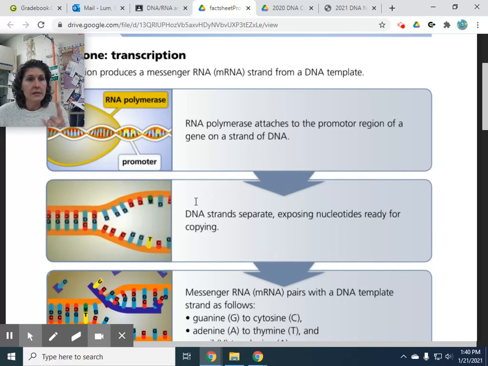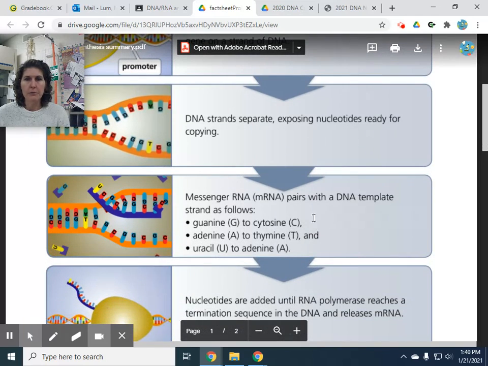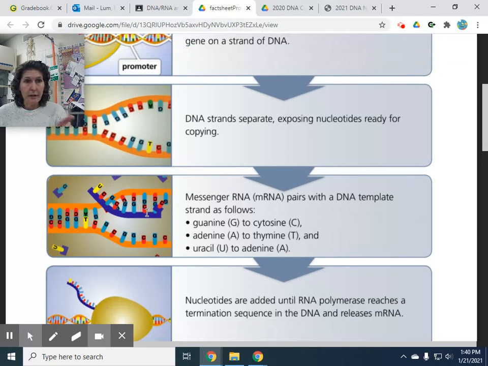It's smaller, it's single-stranded. It replaces thymine with uracil. It's in its own language. It's transcribing the DNA language into a language that messenger RNA is going to understand. So as we go through, messenger RNA pairs with the DNA template. That DNA strand that we're making a copy of, or a complement of base pairs from, is called the template, or model, or mold.